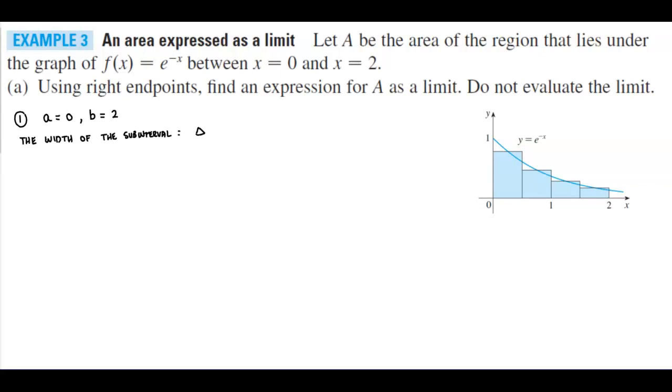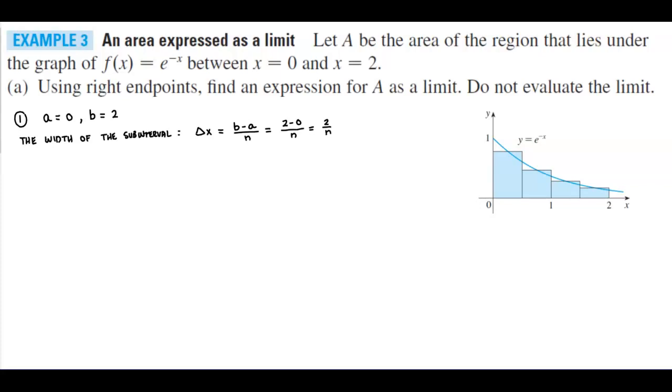We know that delta x is equal to b minus a over n. So we take the value of 2 minus 0 over n, which gives us the width of 2 over n.